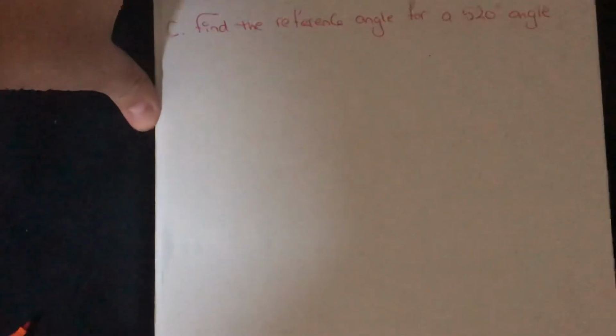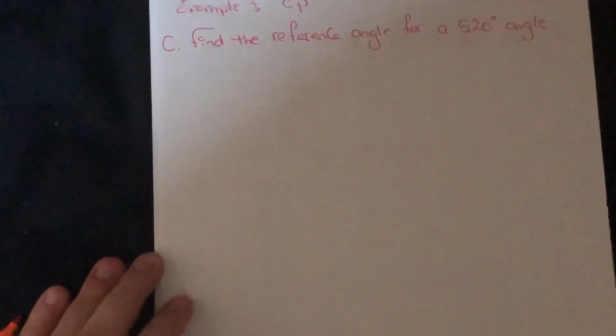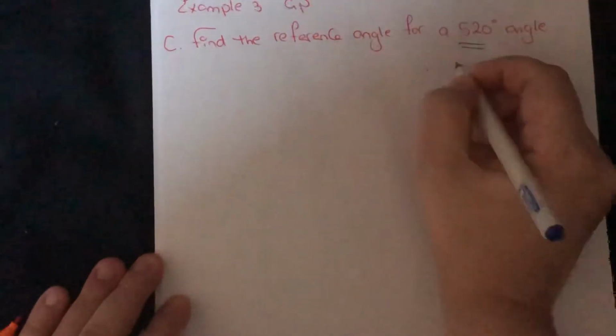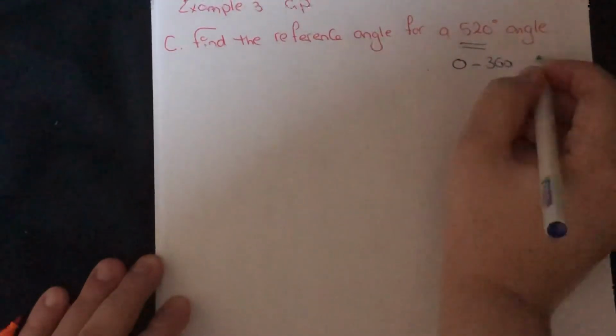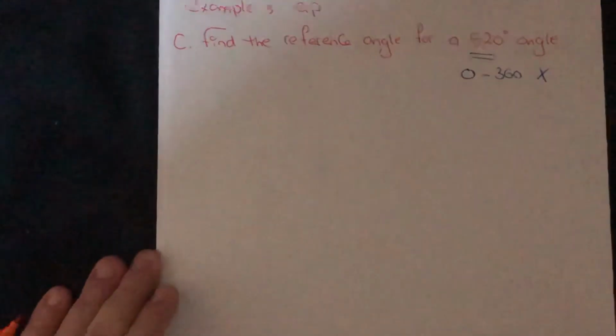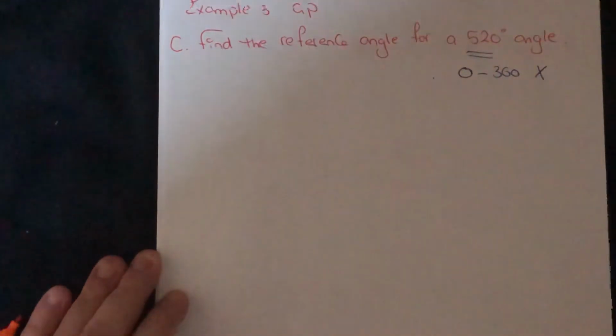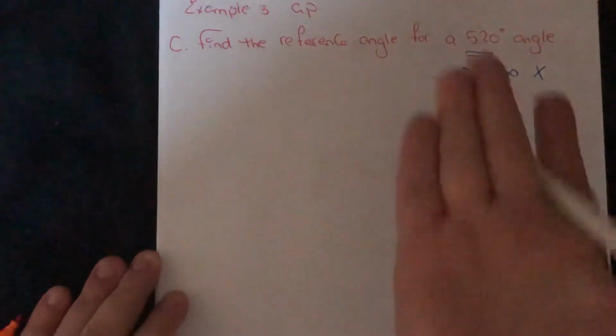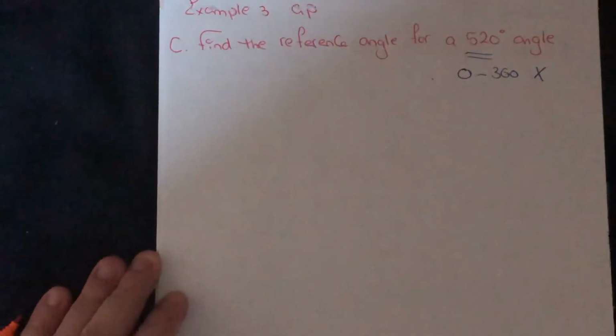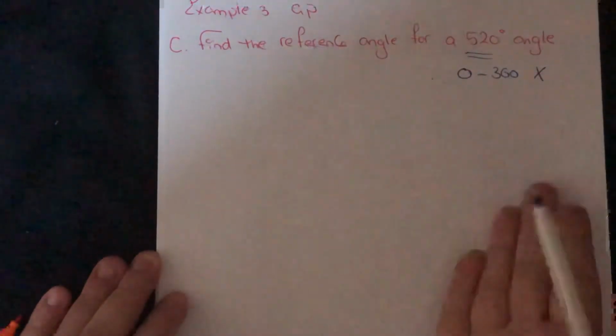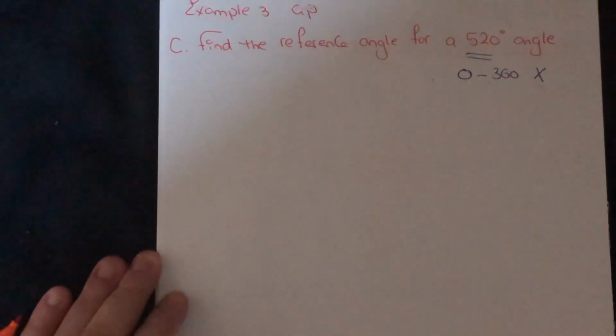Another example you have is 520. Take a minute to think, and you can pause the video and then come back. It's 520. It's not between 0 and 360. I need to fix that before finding the reference angle, or before knowing in which quadrant this is. It's easier to know the quadrants when the numbers lie between 0 and 360.